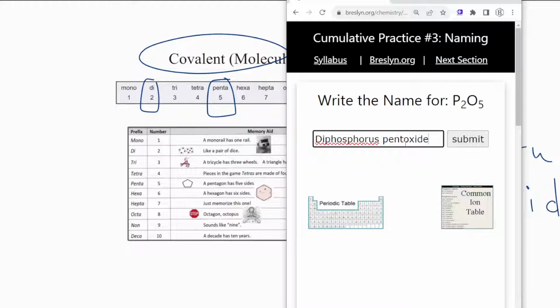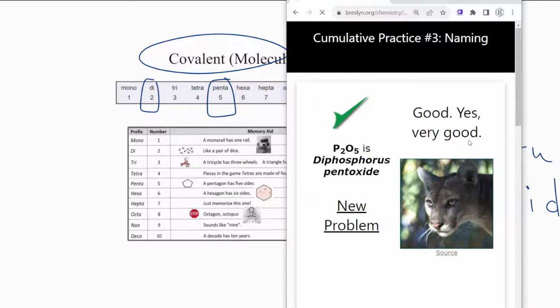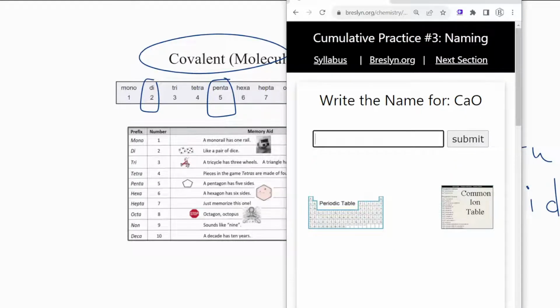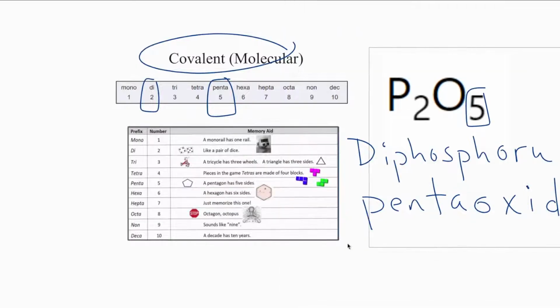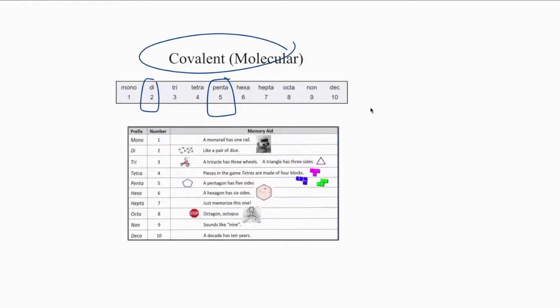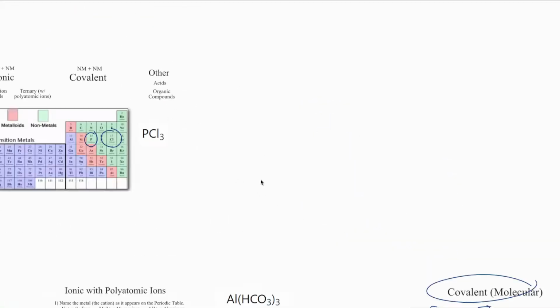And note it's pentoxide, not pentaoxide. You don't have 2 vowels in a row, just the way they do it. Yep, that's it. Here's another one. Oh, you guys should be able to get this. I'm going to put this up here so you can see.